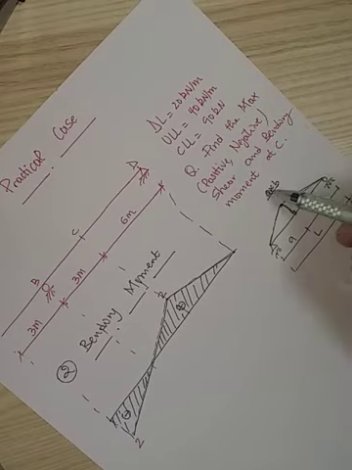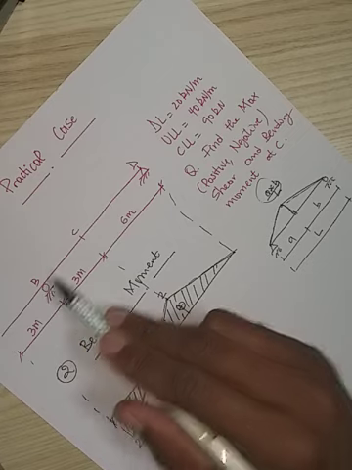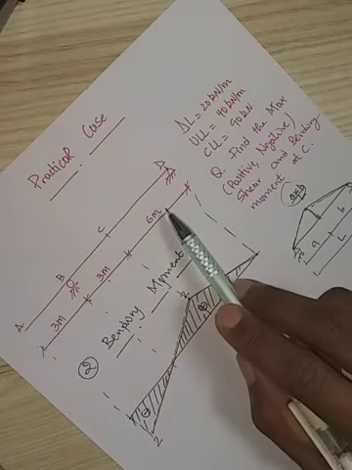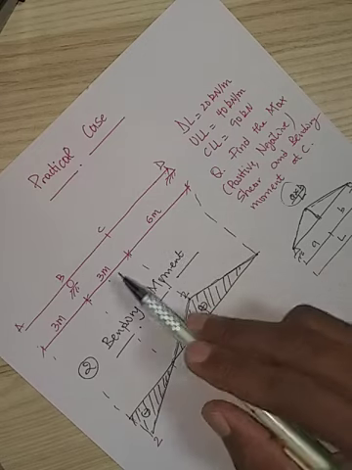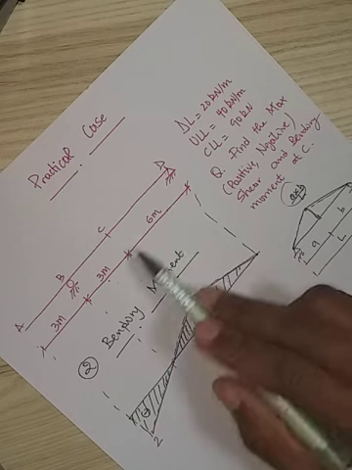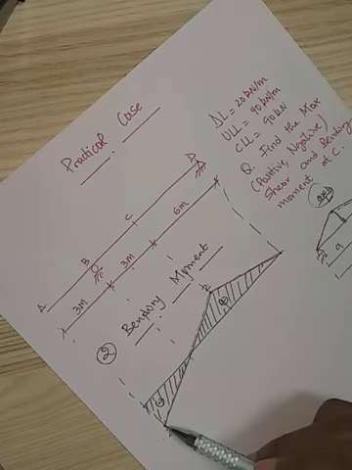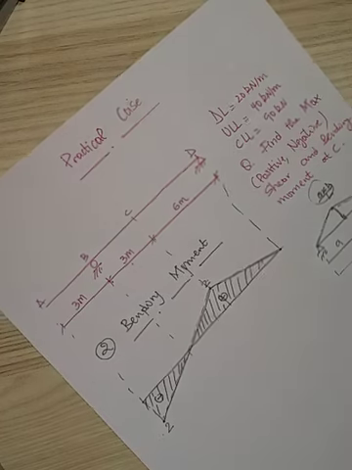We use the same formula here between the portion B to D. So our A here is 3 and our B is 6 and the total length is 9. So we get 3 times 6 is 18 over 9, we get 2. And to find the corresponding value here, we use the relationship between triangles.